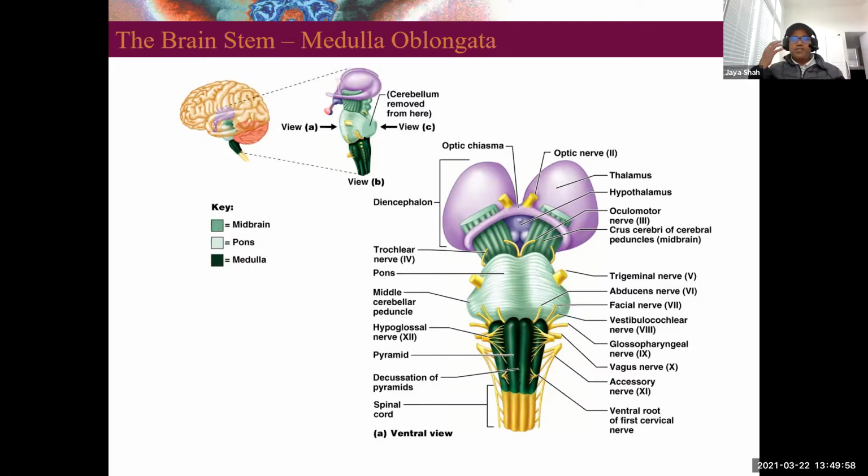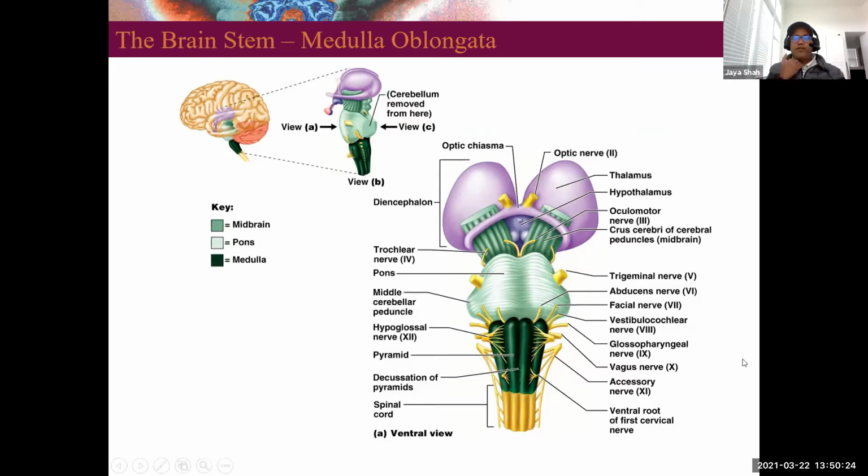The maxillary is the sensory area in the maxilla, and then mandibular. Then you have abducens here, which is also eye movement. Then facial, the sensation and motor activity of the face area. Vestibulocochlear is responsible for hearing and balance of your body through the inner ear.